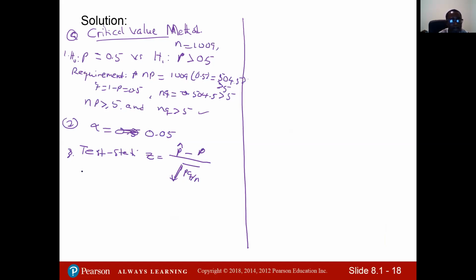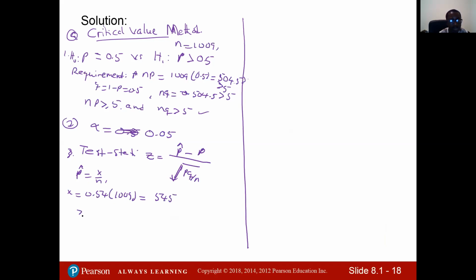Now, what is my p hat? We know that p hat is given by x over n. The x is given by 0.54 times 1009, which gives us the 545 that we talked about.